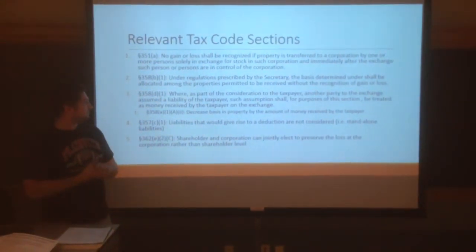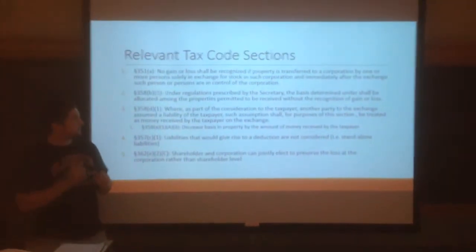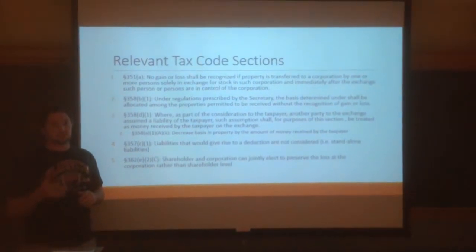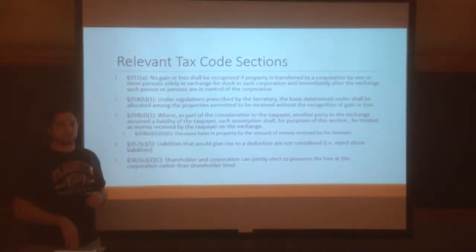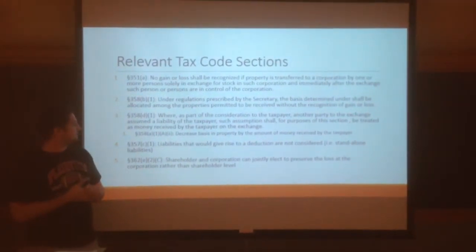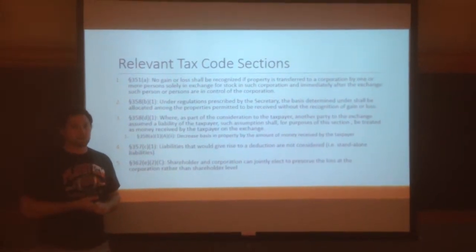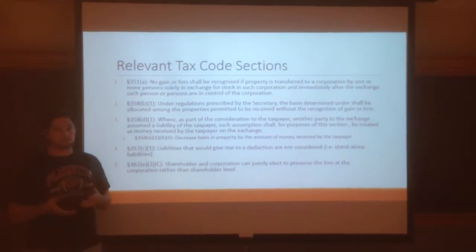Now, the tax code sections that determine the basis are section 358(b)(1), which basically means that the basis you have in the property contributed is the basis that you have in the stock itself. And 358(d)(1) goes over what happens when a property has a liability attached to it. It basically says that it's treated as money received.